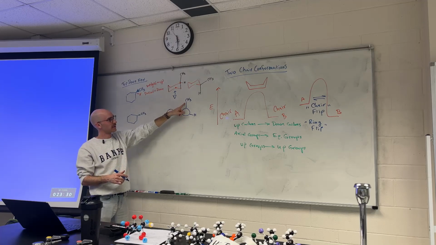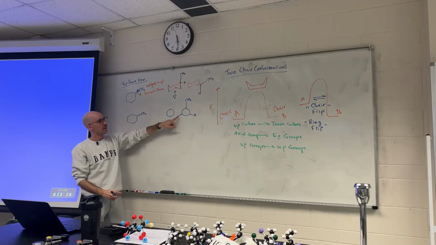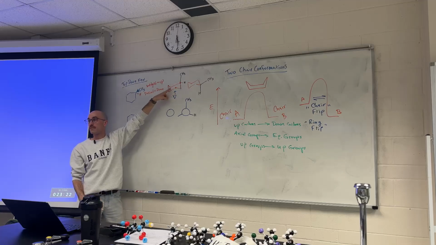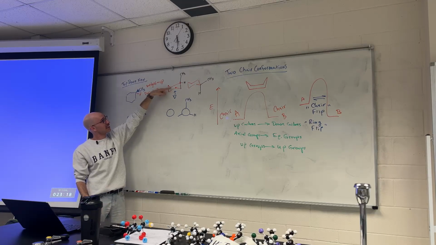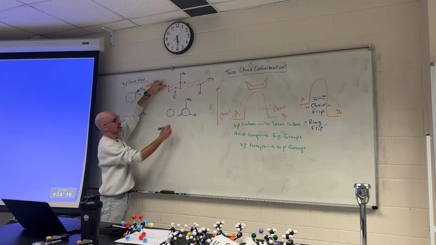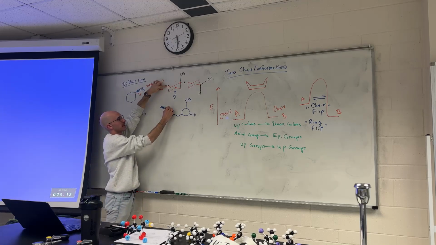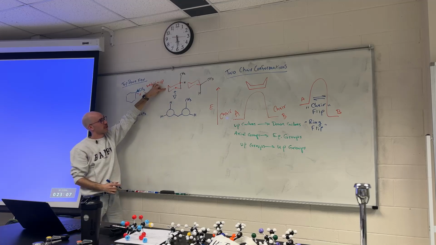I've got up, down to the right. I should have down to the left. Well, that would make that a down carbon. Is this a down carbon? Yeah, it is. And that down carbon actually connects to the other Newman projection on the back exactly as I'd want it to, because this is an up carbon with an up hydrogen and a down equatorial hydrogen.